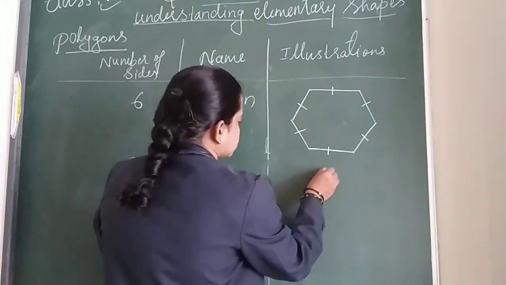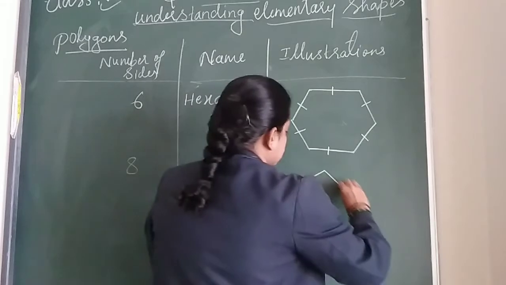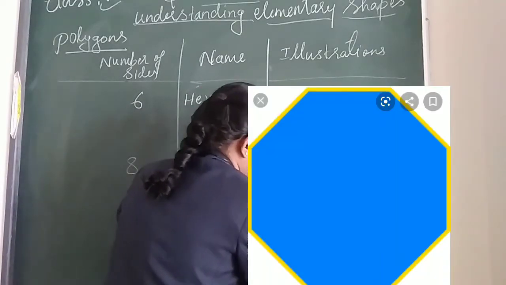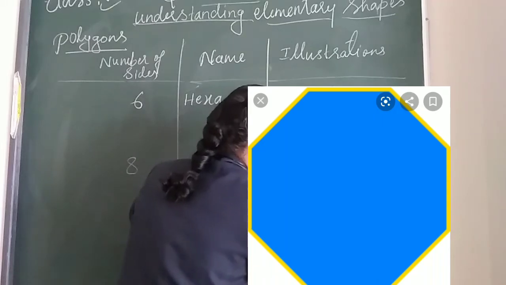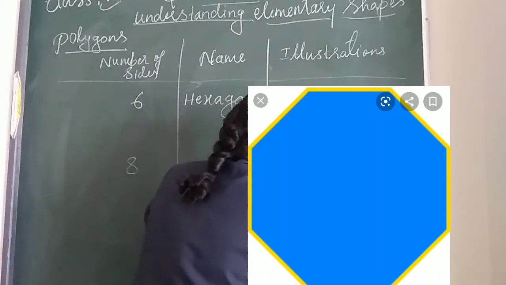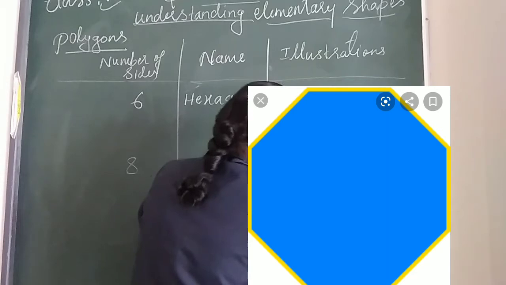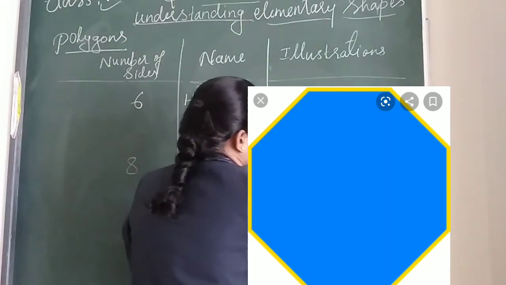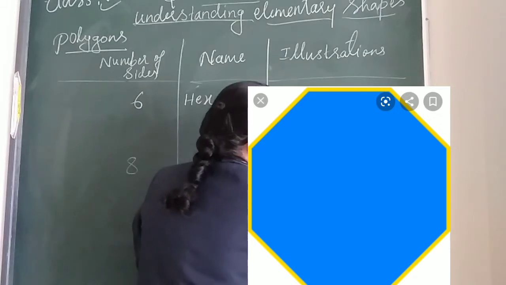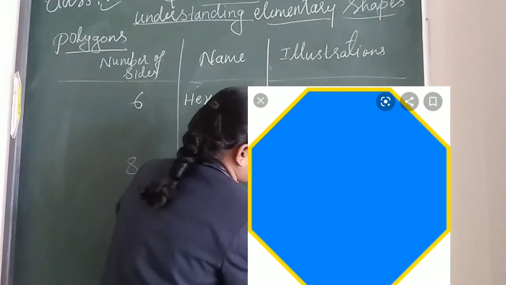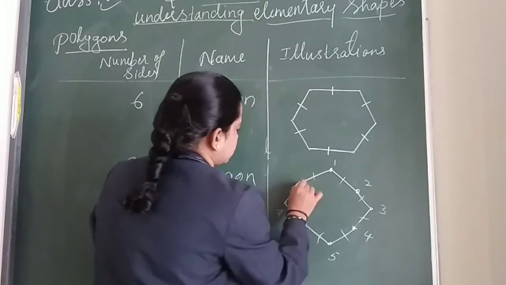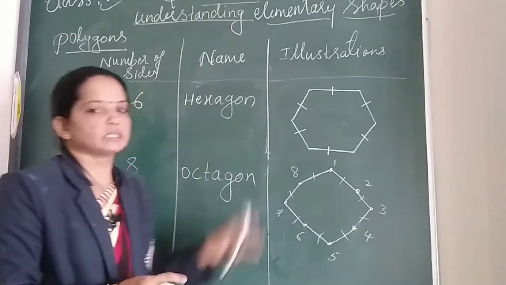Octagon means 8 line segments. So here 1, 2, 3, 4, 5, 6, 7, 8. 8 vertices are there.